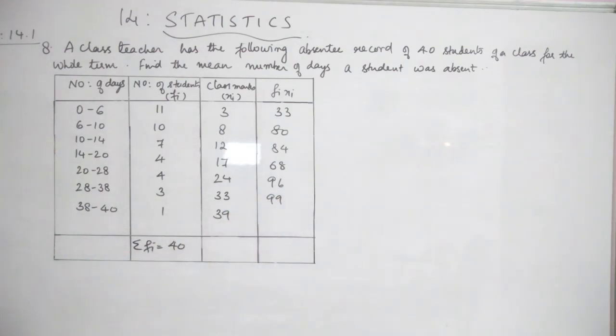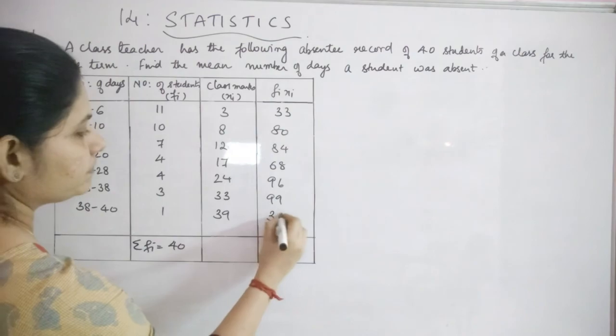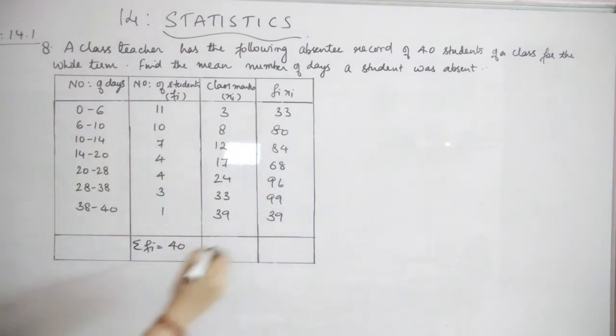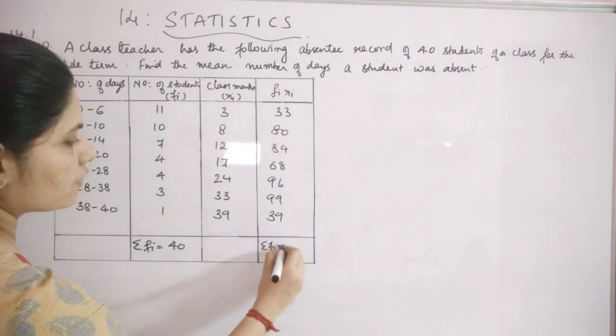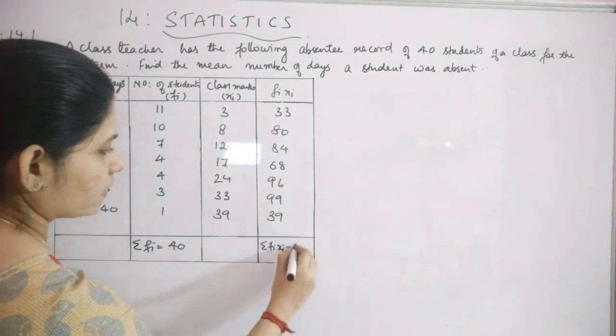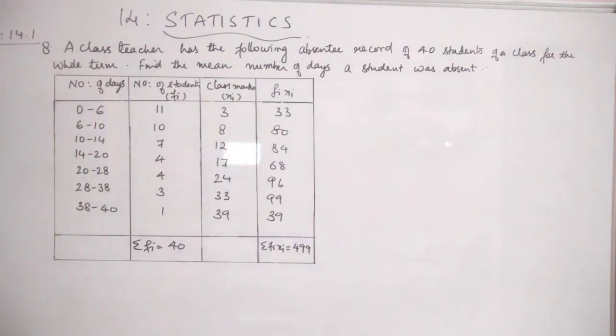And 1 into 39, 39. Okay. So this method is easy because the values are smaller. So what is sigma FiXi? Find the sum of all these numbers, and that will give you 499. 499 as the sum of the FiXi's.